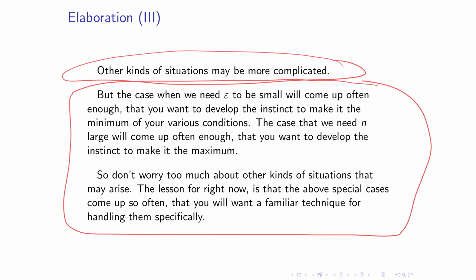Those things come up so often that you just want to be in the habit of thinking about taking the minimum or the maximum. It's commonplace, and that's all you need to worry about for right now. So don't worry about other possibilities and how you might handle those. If they're more complicated, then maybe there's some more complicated strategy, and we'll address that when we get there. But for now, I just want to make sure that you have this tool in your toolkit, because it will come up so often, specifically in the case when we want something small, or in the case where we want something big.